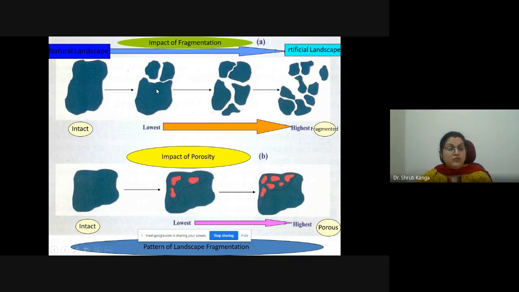Without manpower and machineries, it cannot work. Suppose now this industry has started blooming, so more manpower will come, and obviously they will try to stay nearby. So if the company is here, they build their society over here. So obviously there is encroachment of habitation inside this natural landscape.